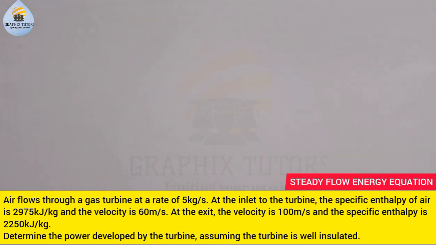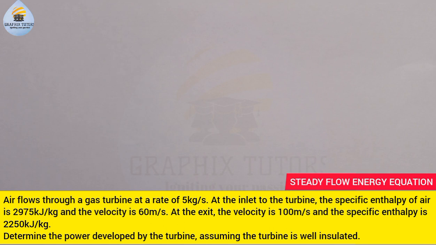At the exit, the velocity is 100 meters per second and the specific enthalpy is 2250 kJ per kilogram. Determine the power developed by the turbine, assuming the turbine to be well insulated.